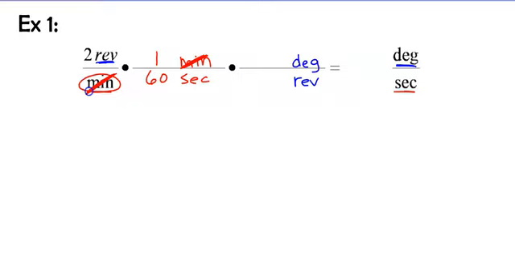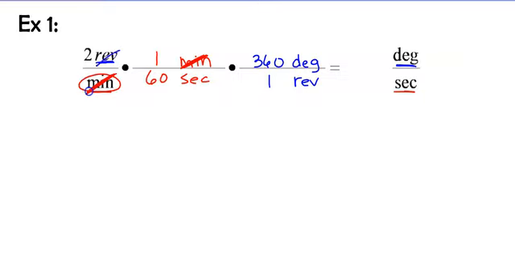Now the question is, how many degrees are in a revolution? What's the conversion factor there? What's something that's equivalent to each other that we can put in there? Well, from our very first slide, or maybe our second slide, we reminded ourselves that there are 360 degrees in 1 revolution. Those two things are equivalent, so we can put them together in a new ratio.